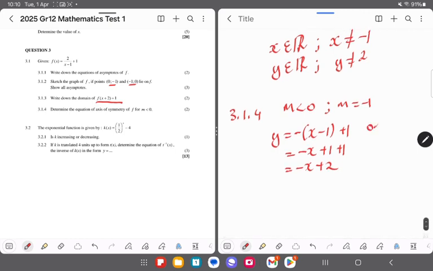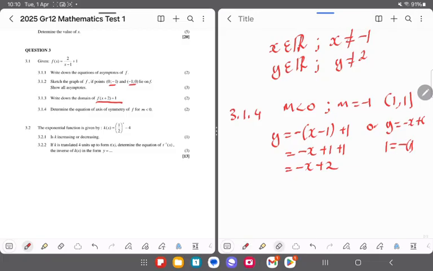Or alternatively, you can use y is equal to -x plus c, where you have already substituted the -1, and then you use your asymptote, which is 1 and 1, to find the value of c. For y, it's 1 equals minus, what is the x value? 1.